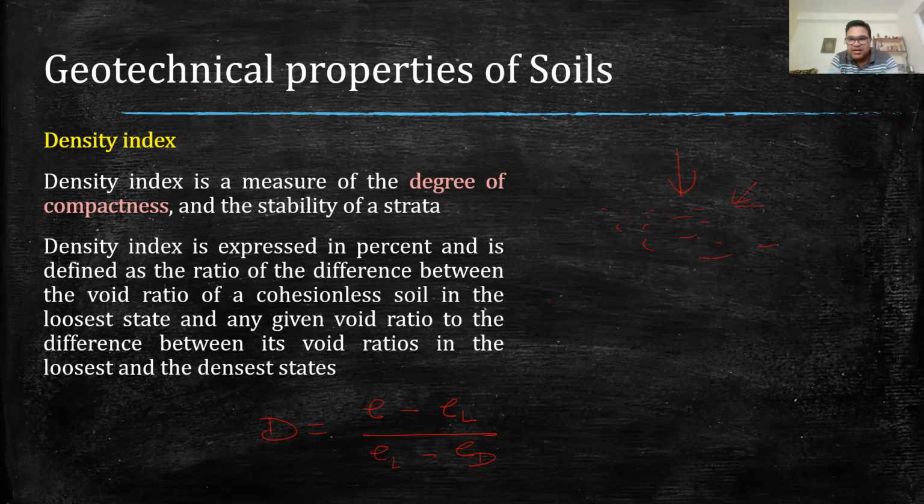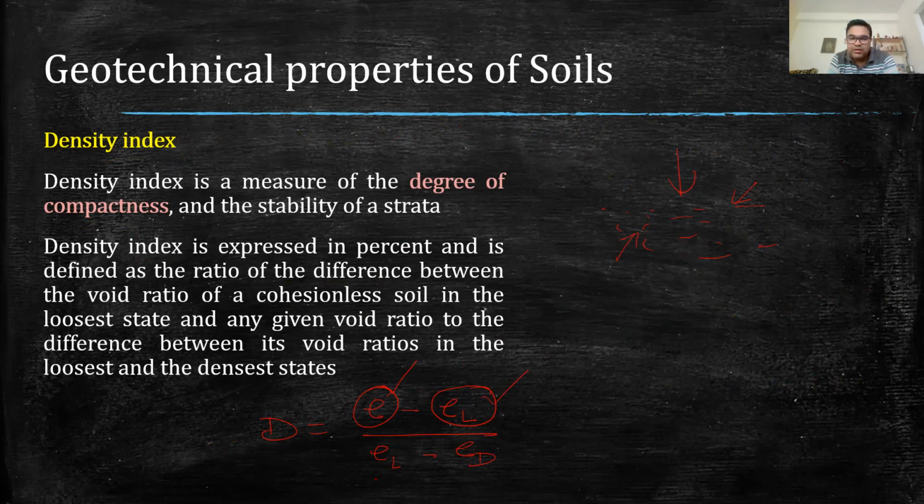If we simply take the sand and dump it without compacting, that will be the loosest state. And in that state, the void ratio will be e_L. Now e is the void ratio of any particular soil. So to find the density index of any particular soil, we take the void ratio of that soil minus the void ratio of the same soil in the loosest state, when it is very loose.